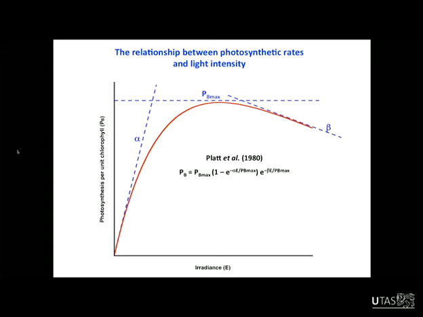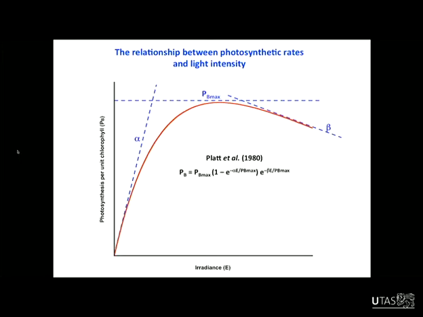Then there are examples of types of phytoplankton and regions in the global ocean where, as the light increases even more, the phytoplankton cells start to get damaged by these higher light levels, so they can't use all of that light that's entering the cell, and that starts to have a negative impact on photosynthesis, and we call this photoinhibition.